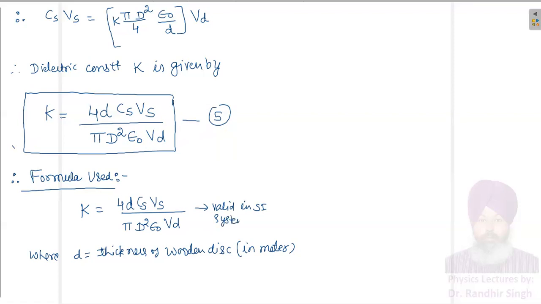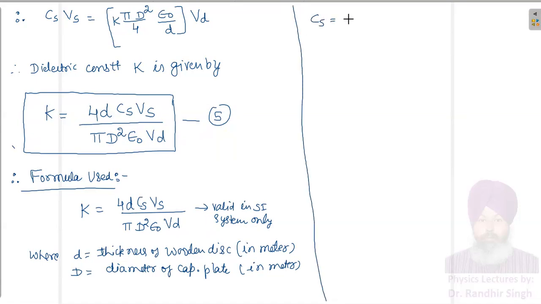Please make sure nobody uses the CGS system for this expression. Capital D is the diameter of the capacitor plate, which should also be in meters.